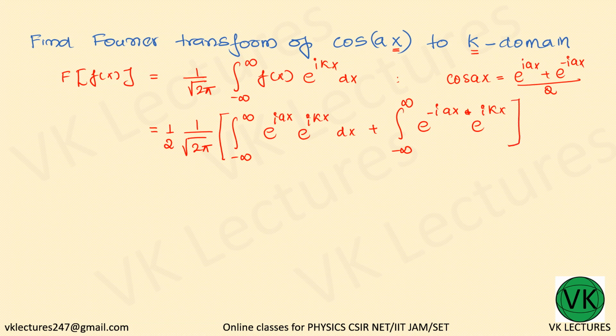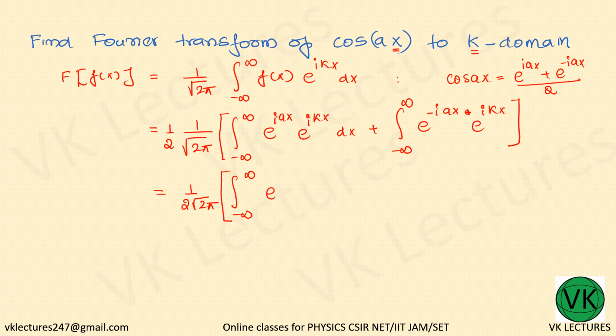So this is 1 divided by 2 root of 2 pi, integral from minus infinity to plus infinity, again within the bracket, e to the power iax plus ikx.